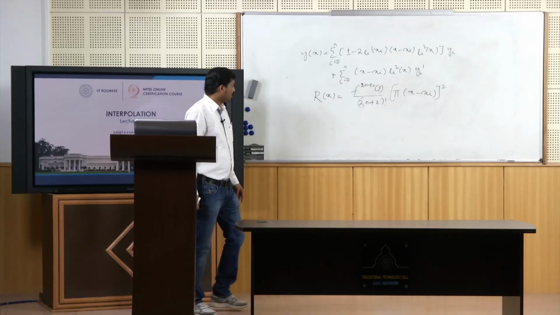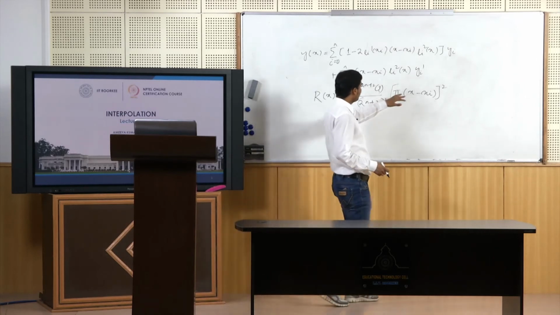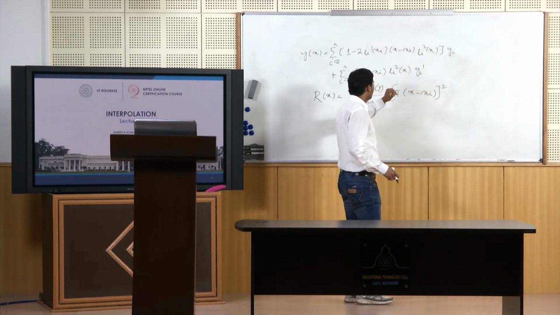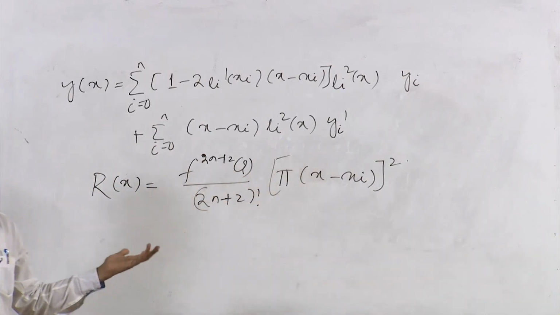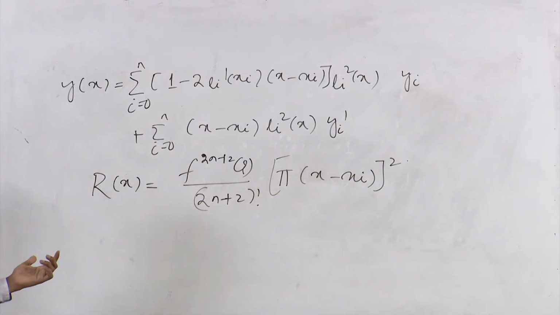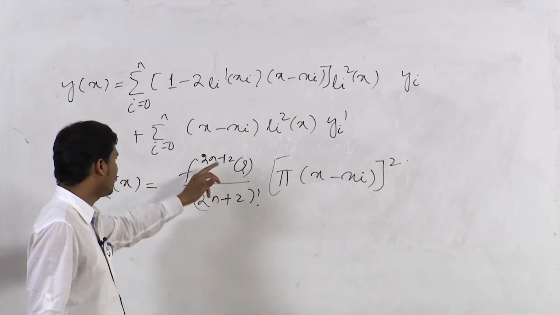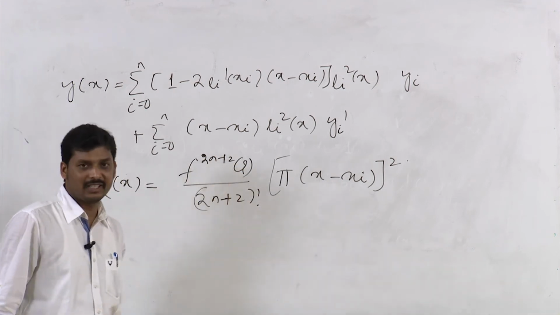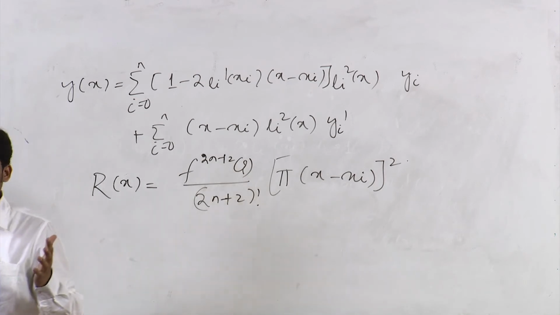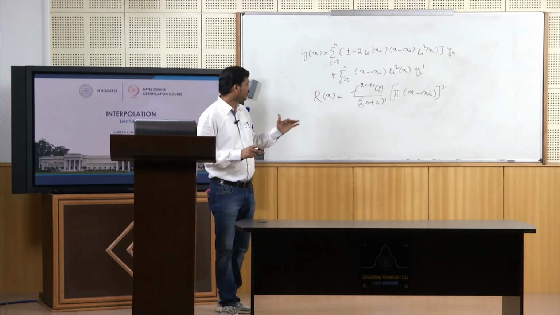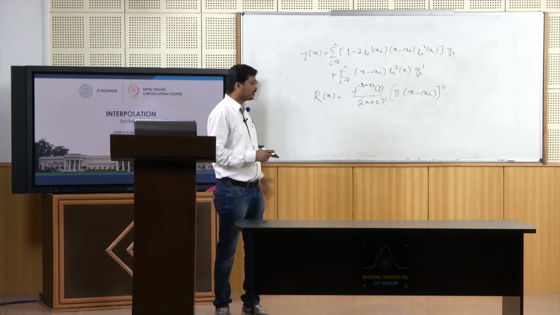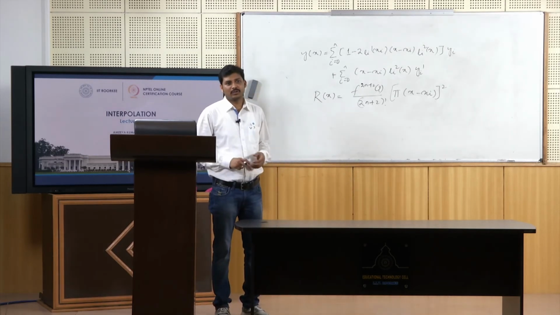If you consider the earlier Lagrange interpolation error term, we used to write f to the power n plus 1 of zeta by n plus 1 factorial into product of x minus xi. Since Li square of x is considered, it is taken as the square there, and the derivative is taken as order 2n plus 2.